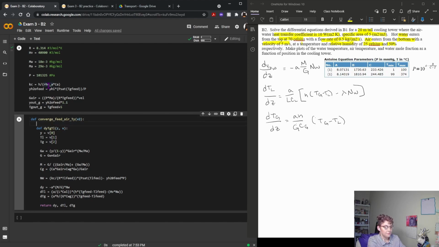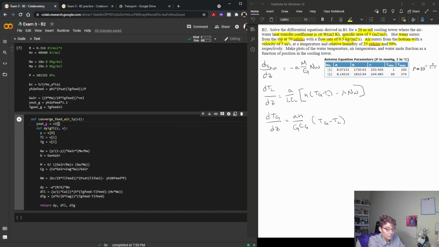And that we can define that variable as the mole fraction at the exit and the temperature of the gas at the exit. So we'll just call this one y out g, like we said, and that will be equal to the first slot in this second variable.